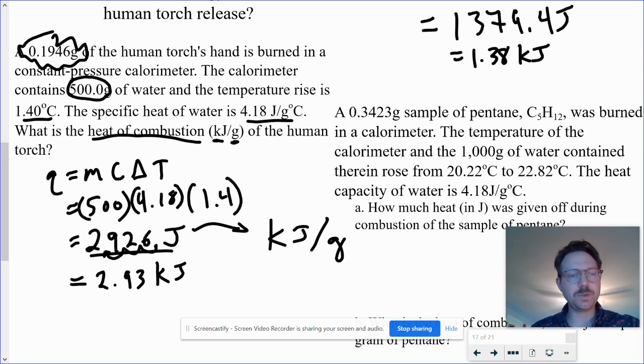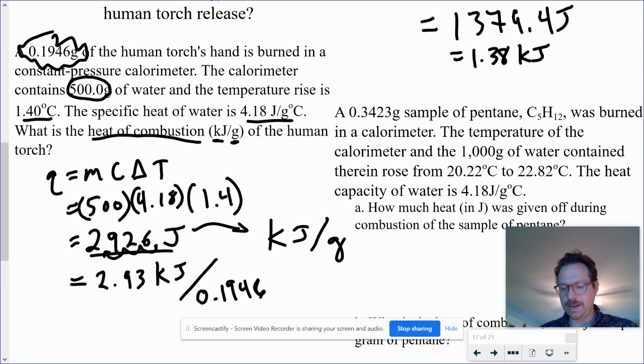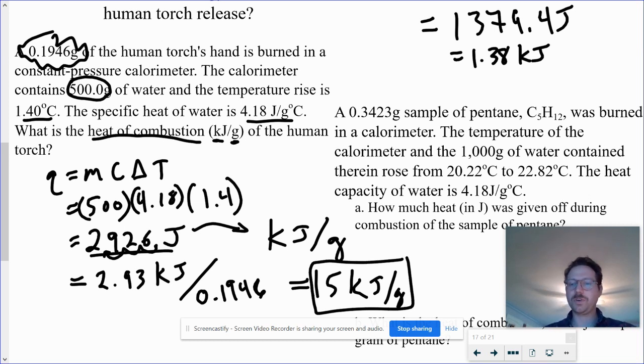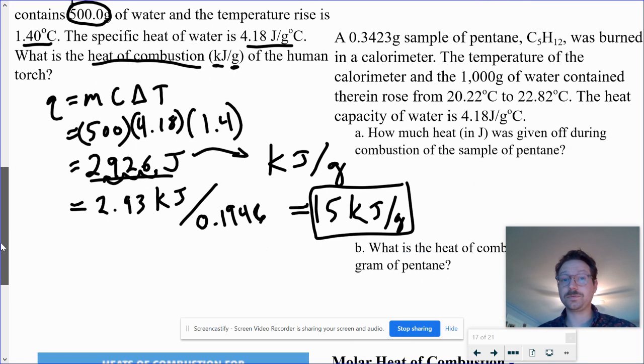So dividing by the grams used, 0.1946, I take this number and divide by 0.1946, and I get 15 kilojoules per gram. So for every gram that the Human Torch's hand burns, 15 kilojoules of energy comes out. And that's a number that we can compare to other fuels.